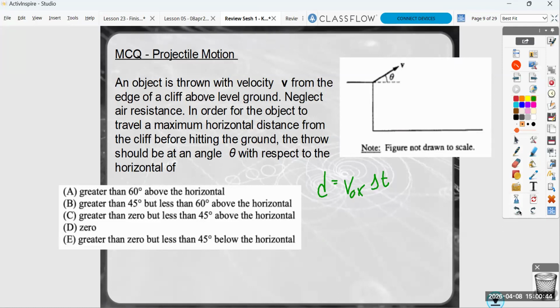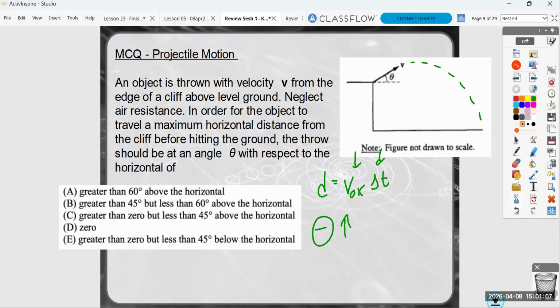I guess, what does throwing something at an angle get you? If you want to maximize your distance, it's x velocity times time, right? So if you make your angle bigger, how is that good? What does making your angle bigger get you?